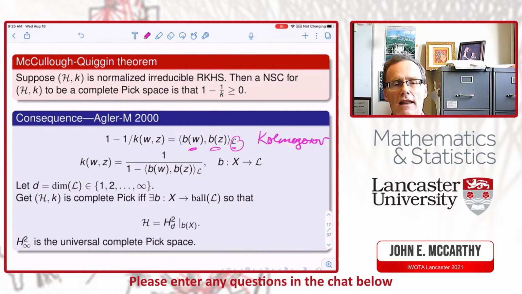If I take the Drury-Arveson space on the unit ball of little l2, H^2_infinity, that is in some sense a universal complete Pick space. A Hilbert space H has the complete Pick property if and only if you can embed it in this way in H^2_infinity.